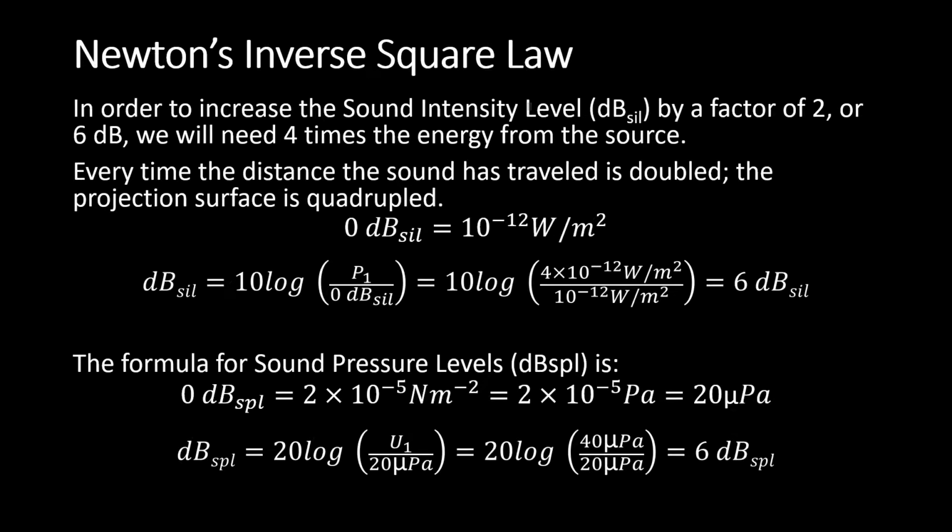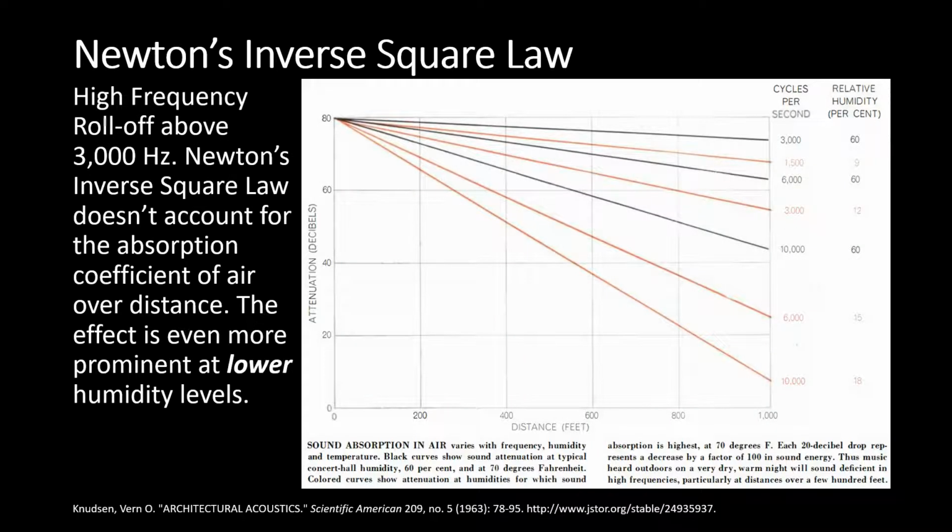Now these equations you will not need to know. They're just here for reference. And then the final thing we're going to talk about related to Newton's inverse square law is if you look at the orangish red lines on this chart, they are what the different sound in cycles per second at 1,000 feet register.